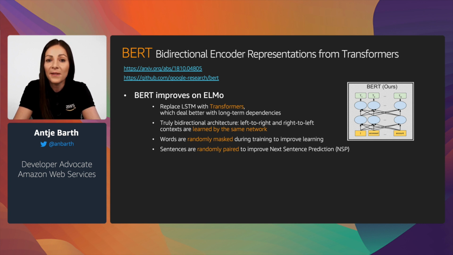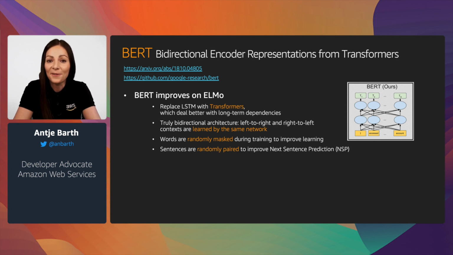It's also implementing this truly bidirectional architecture, left to right and right to left, in the same network. So different from ELMo, where it's two passes, BERT learns it in the same network.